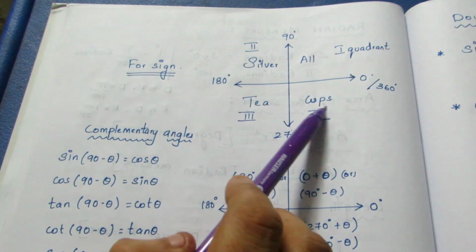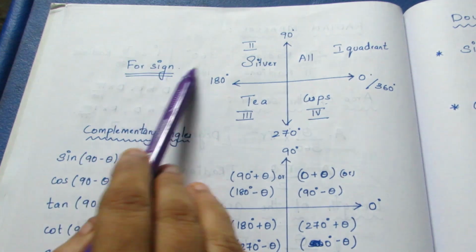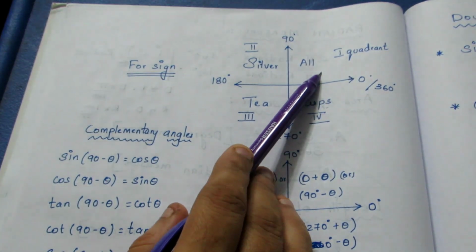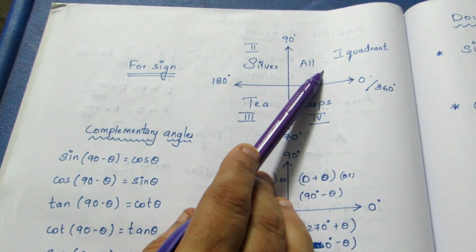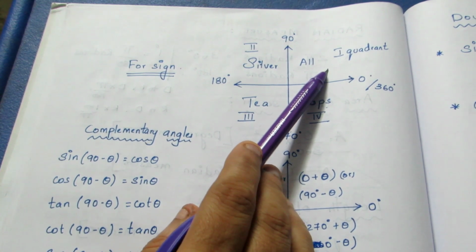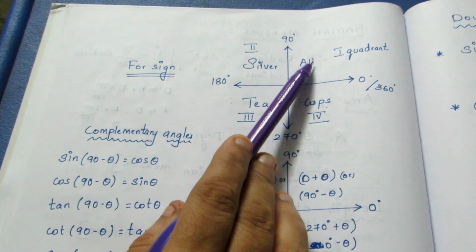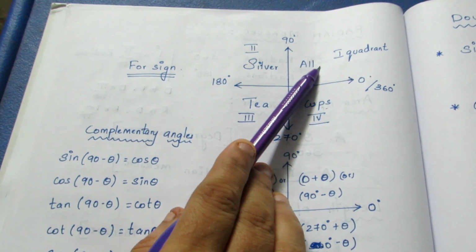Here All means we need to write all ratios. Here the sign will be positive. For sine, tan, cos, cosecant, secant, cot, for everything, if theta travels in this quadrant, it will be a positive value.